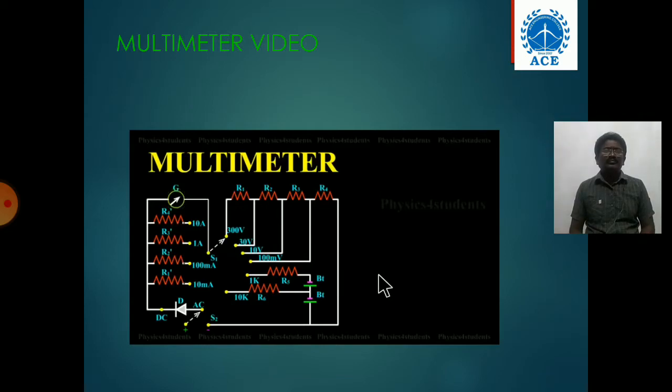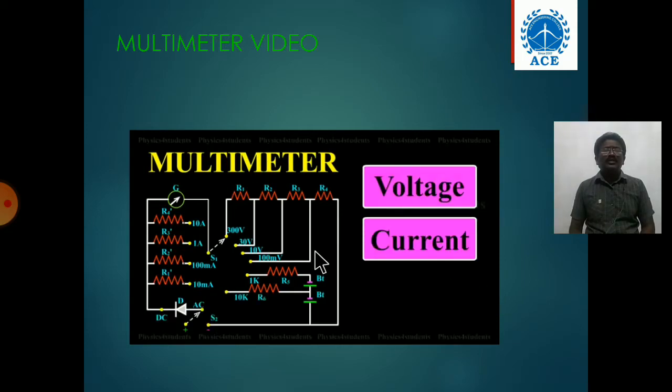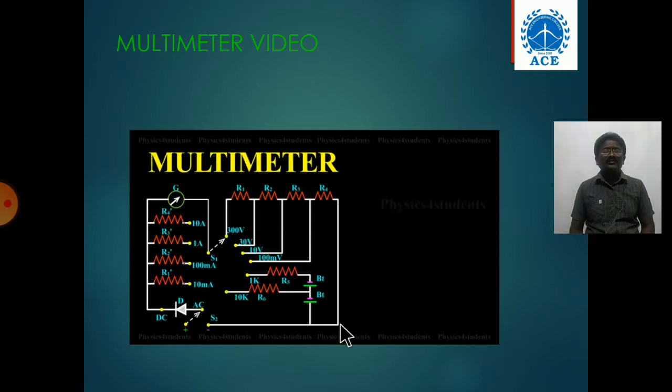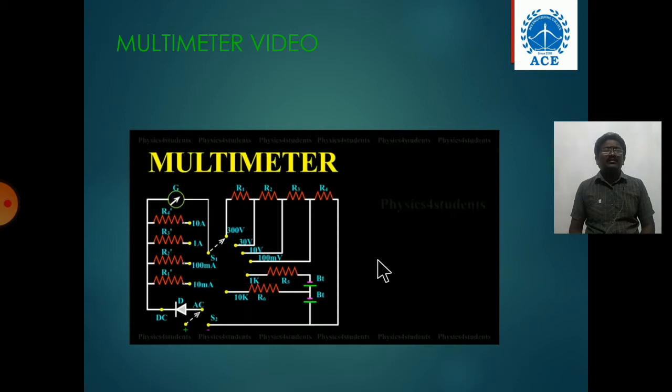By incorporating suitable circuits with the galvanometer, the measurement of voltage, current, and resistance can be done. Let us consider a galvanometer of resistance G equal to 100 ohms, which gives full-scale deflection for 1 milliampere. That means every meter has some internal resistance.